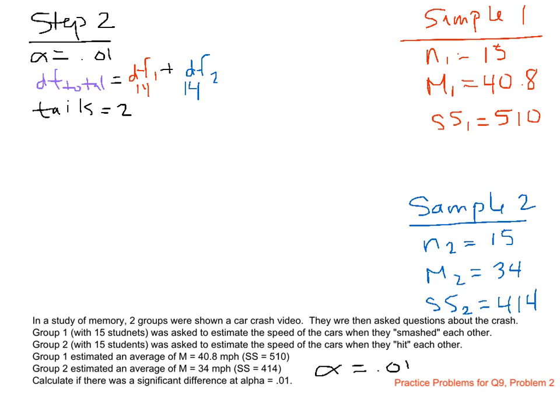So I do 14 plus 14 gives me 28. So in this example, my df total is 28. Looking these three pieces of information up in my t table, I can see that my alpha's t is plus and minus 2.763.